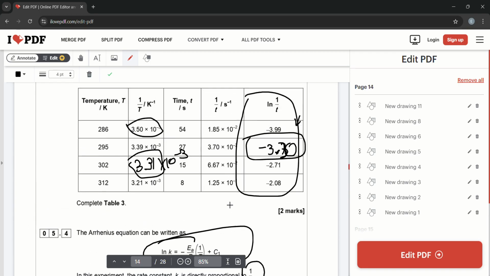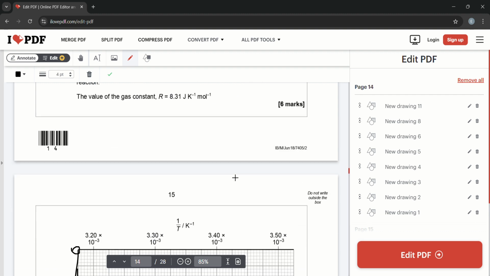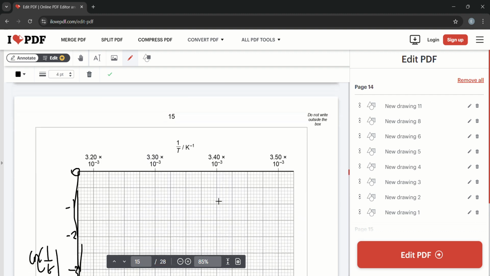We know that when 1 over T is 3.39 times 10 to the power minus 3, we get minus 3.30.